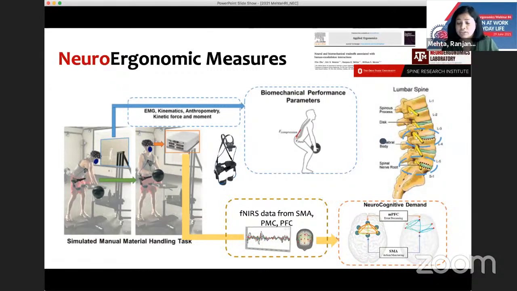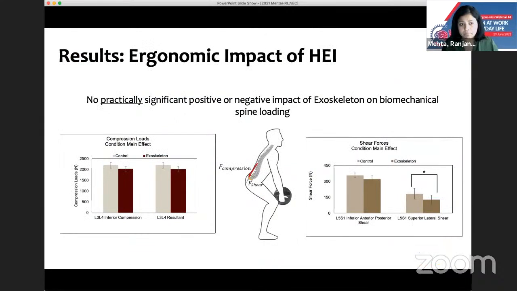We used an EMG-assisted spine modeling method that Dr. Bill Marras had created to come up with spine compression and shear forces at the L5-S1 spine vertebrae. On the neurocognitive side, we used fNIRS, and we collected data from the SMA, premotor cortex, and the prefrontal cortex.